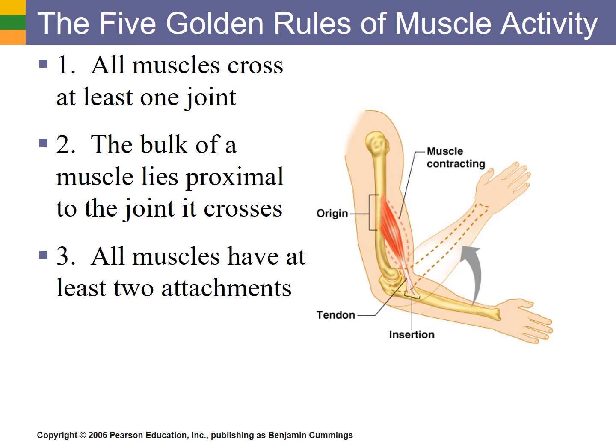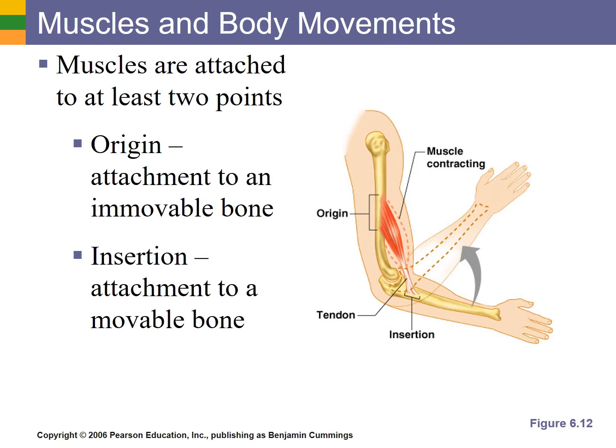And we name those attachments by their relationship to the movement. The attachment to an immovable bone is the origin. The attachment to the more movable bone is the insertion. Now, what do I mean by more movable or immovable versus movable bone?